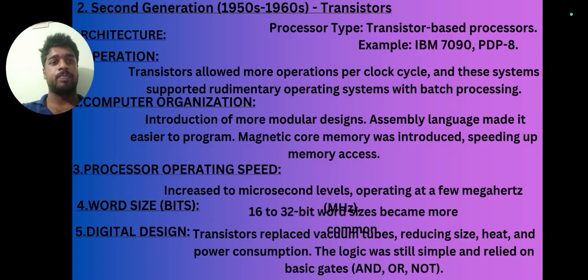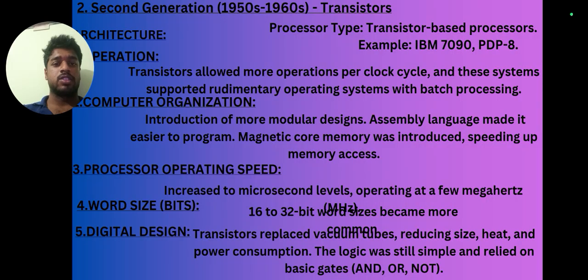Second generation: the transistor based processor, which came into force in the 1950s to 1960s. The main architecture of this generation is that transistors allowed more operations per clock cycle, and these systems operated with a rudimentary operating system with batch processing.